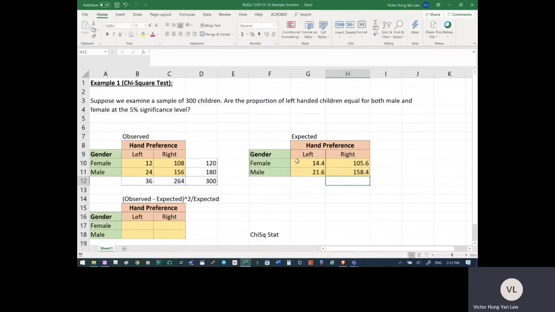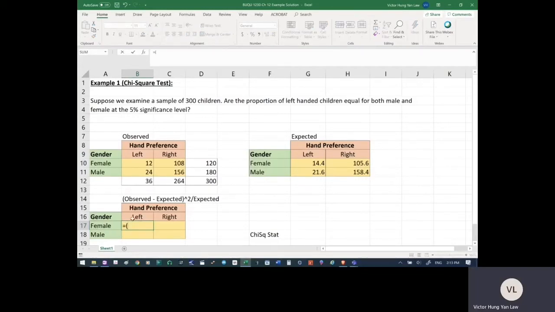Once we have the expected frequencies, we need to calculate the observed minus the expected, squared, divided by the expected. This is used to calculate the chi-square statistics. For female left hand, we type equal, open bracket.